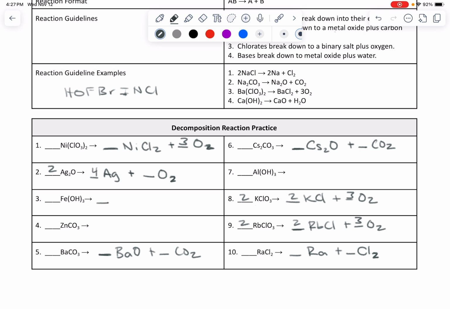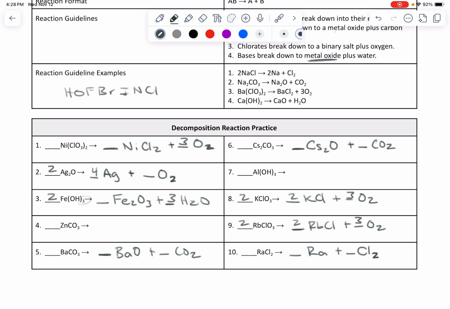So I'm going to end up with Fe2O3 when I make my metal oxide. Remember, oxygen's charge is -2. Iron's charge in this case is a 3, and plus water. Okay, and we're going to balance that with a 2, a 1, and a 3.